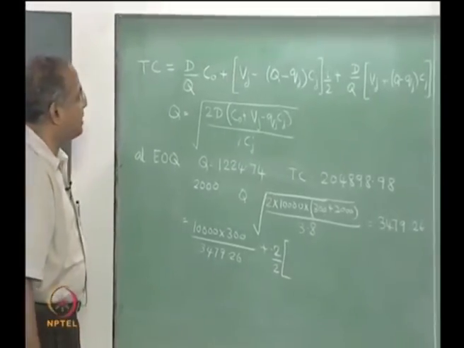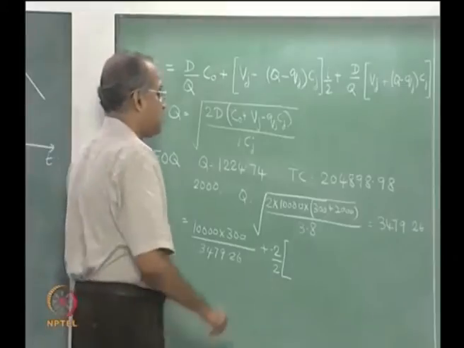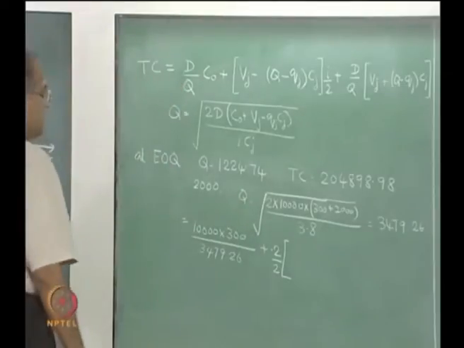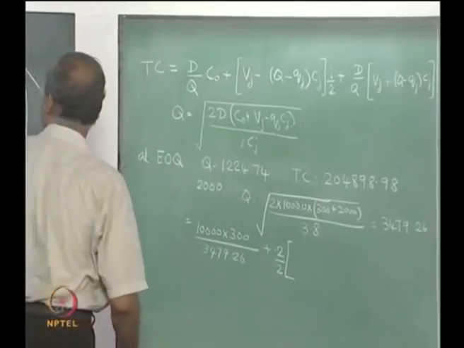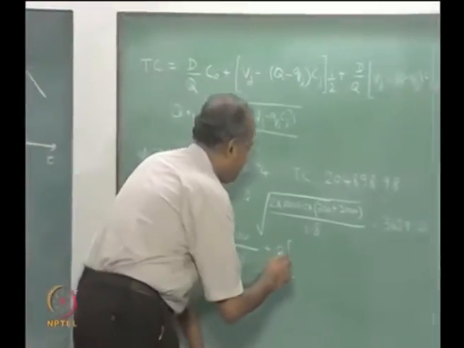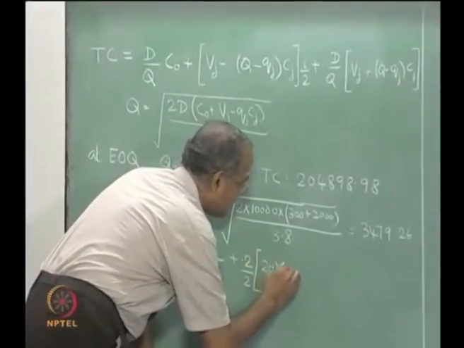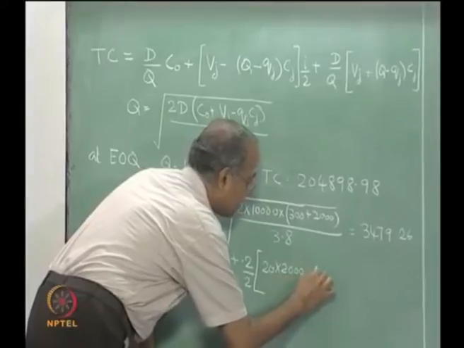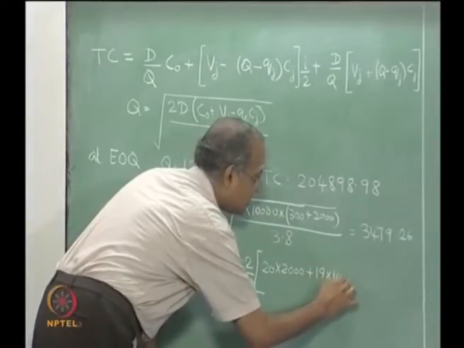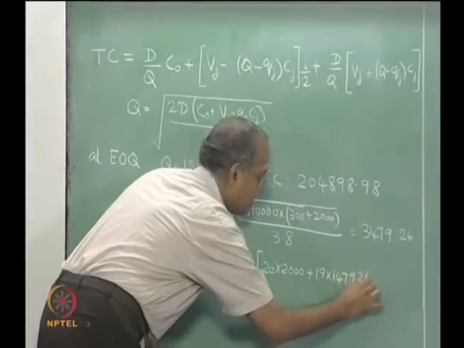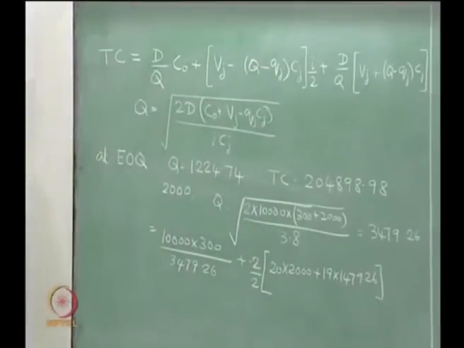The first 2000 is at 20, so 20 into 2000 plus 19 into 1479.26, that is the money value.